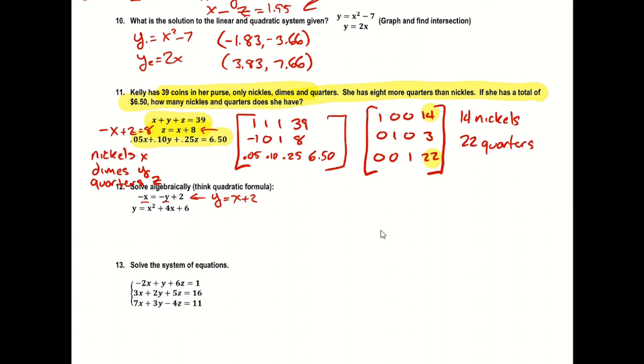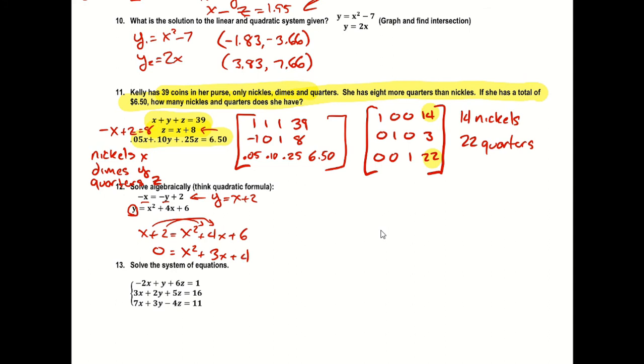Now, since y equals negative 2, we can substitute out for this y right here. And we have x plus 2 equals x squared plus 4x plus 6. Subtract these from both sides, and we have 0 equals x squared plus 3x plus 4.